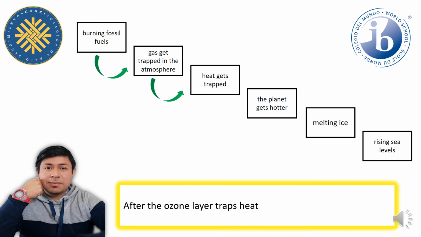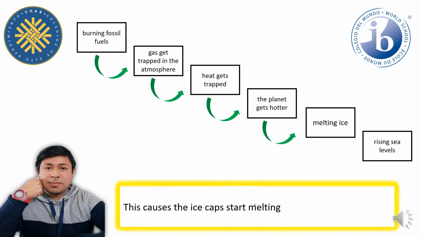After, the ozone layer traps heat. As a result, the planet gets hotter. This causes the ice caps to start melting. So sea levels start to rise.